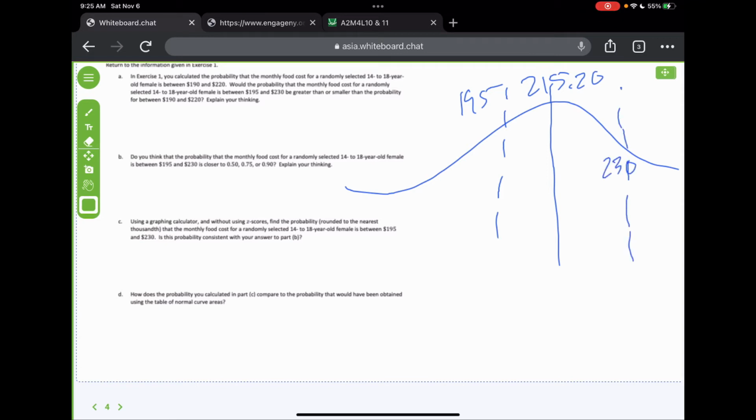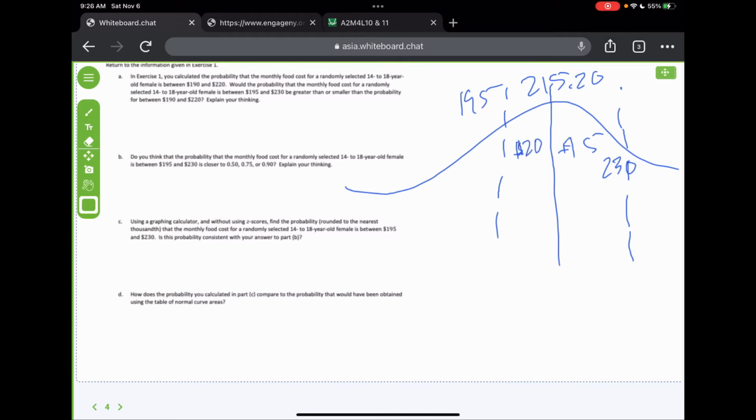I need to think about what my standard deviation actually was. Okay, my standard deviation for example 1, or exercise 1, was about $15. Okay, so this would be $15 plus, and this is only $10. No, this is $20 here.